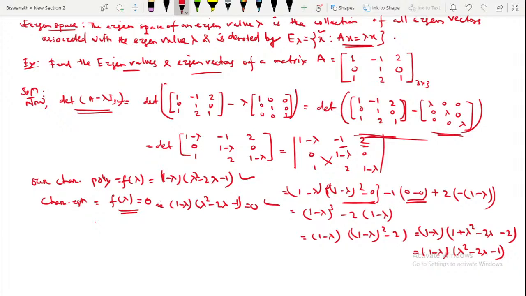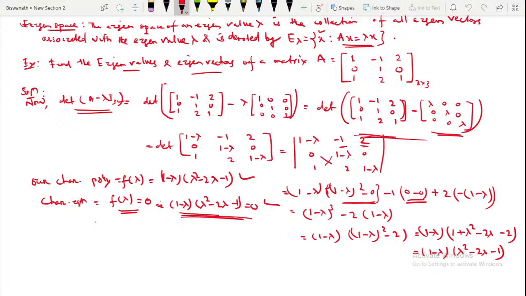And how will you find the characteristic values or eigenvalues? If you find the values of lambda from the characteristic equation, you will get the characteristic values.